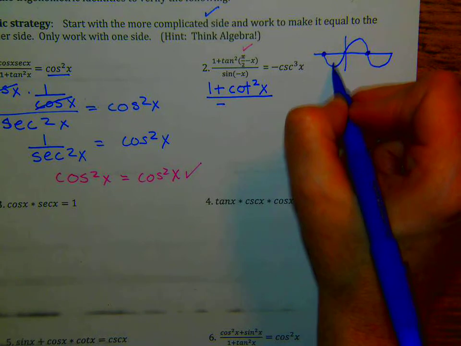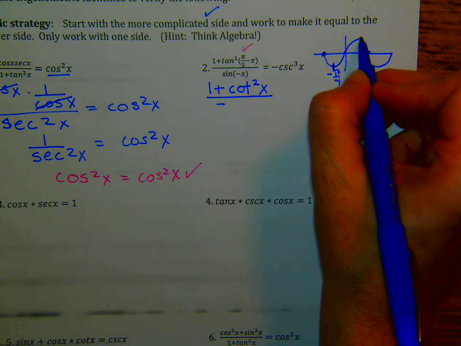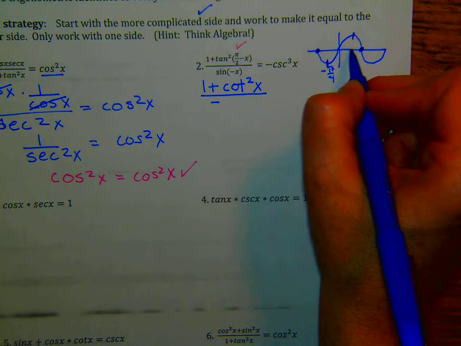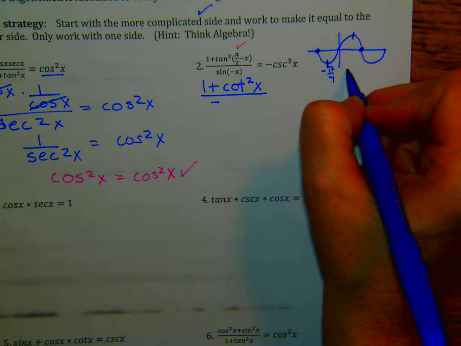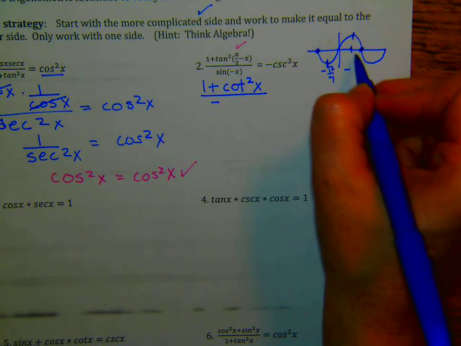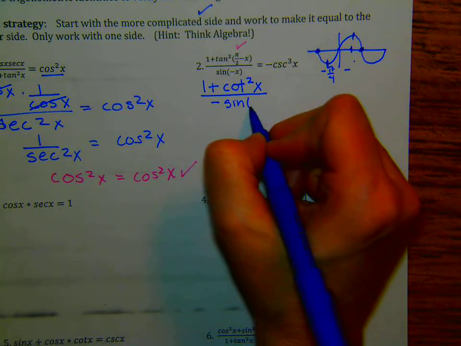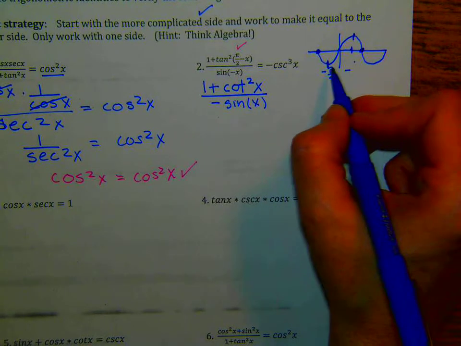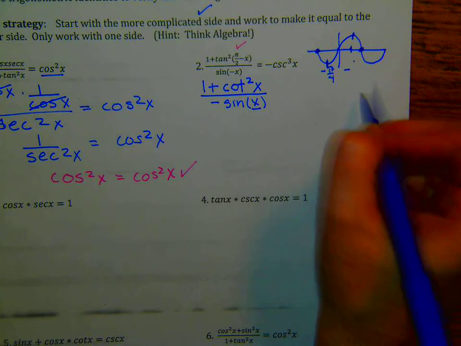If this value right here were negative pi over 4, it would be exactly equal to the negative of the sine of the same value.